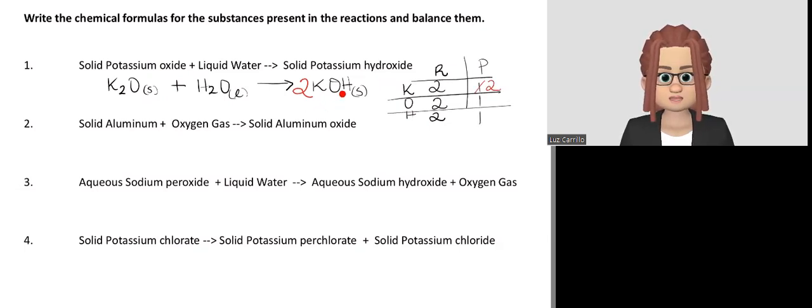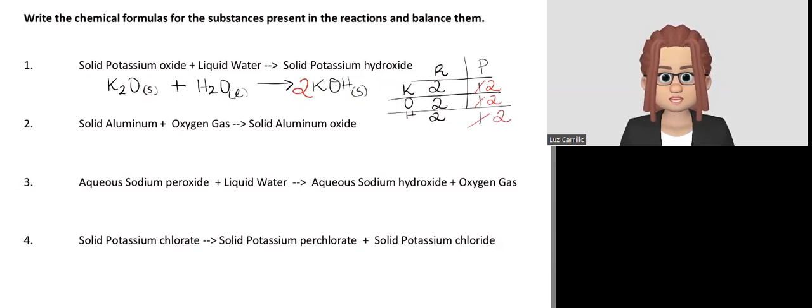That's going to be multiplied by the subscript of oxygen, so my oxygen is also going to go to 2. And lastly, that 2 gets multiplied by the subscript of hydrogen, so my hydrogen will also go to 2.